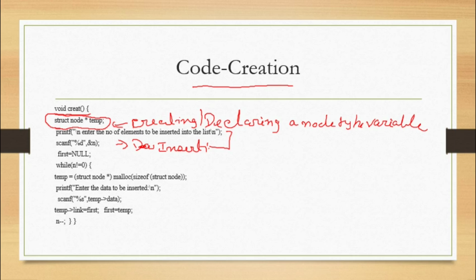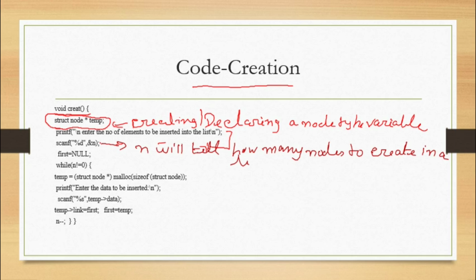Here n will tell how many nodes to create in a linked list. Initially you make first as null. So that time one node will be created called first, and it will not have anything, it will not point anywhere, so it is null.